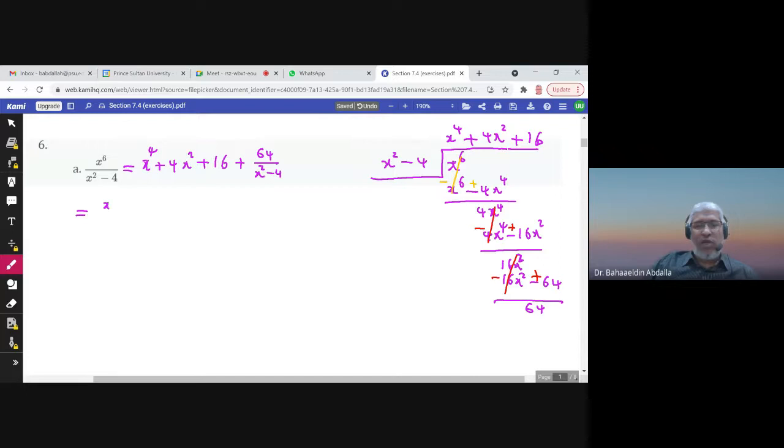So I can write this as x to the power 4 plus 4x squared plus 16 plus A over x minus 2 plus B over x plus 2. x minus 2 times x plus 2 is the factored form of x squared minus 4. So this would be the decomposition.